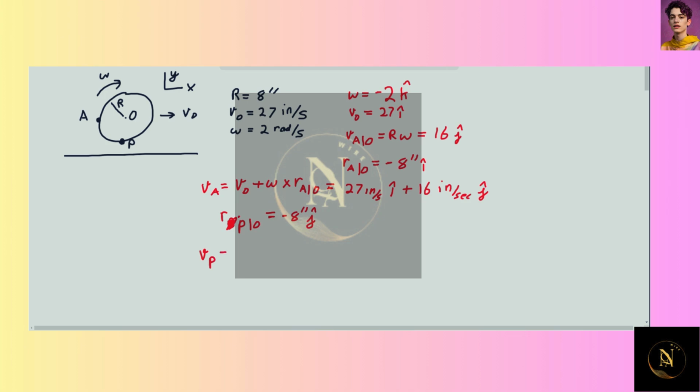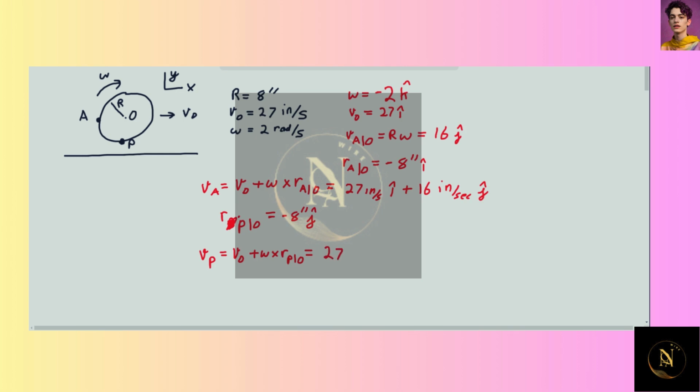So v_P would equal v0 plus omega cross r_P with respect to the origin. When we put the numbers in here, r_P had that j hat, and we have a k hat crossed with the j hat, which will give us a negative i hat now.